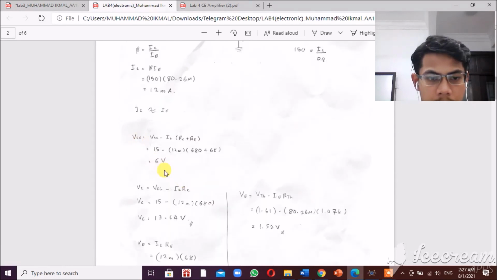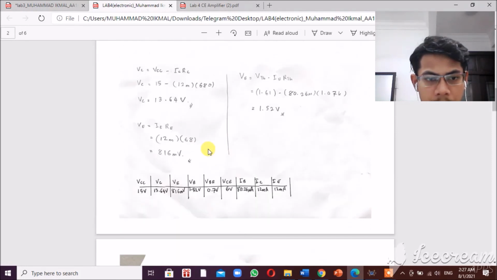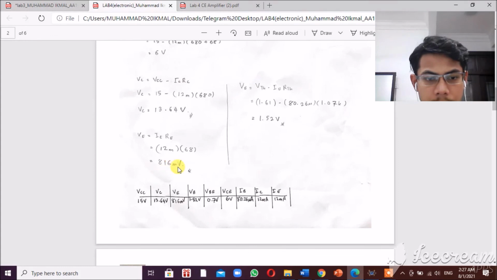And the VCE, I got 6 volt, and the VC, I got 13.64 volt, and the VE, I got 816 millivolt, and the VB is 1.52.